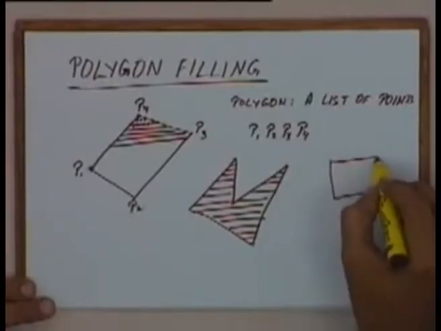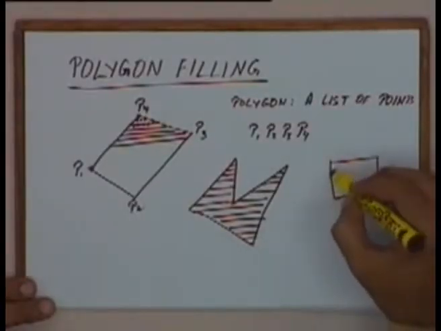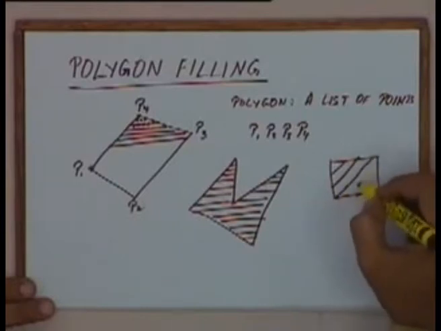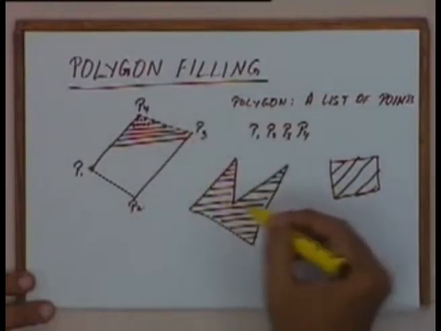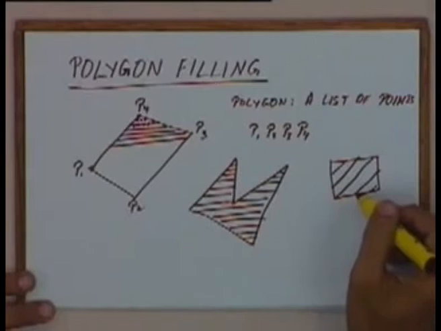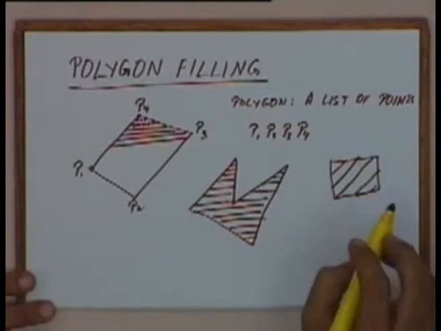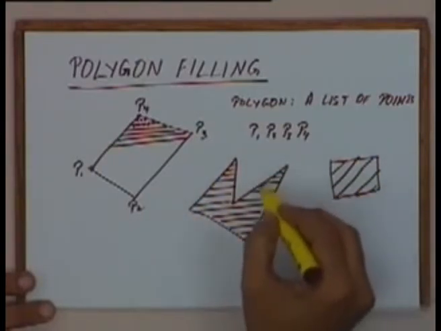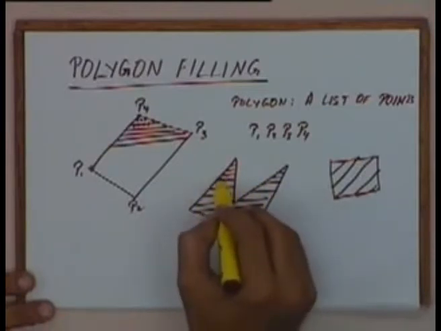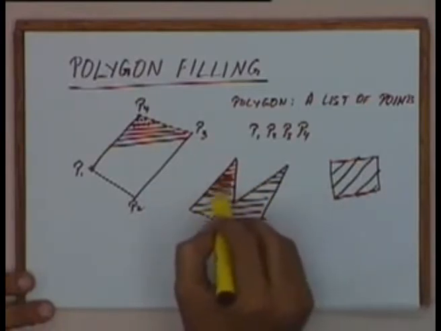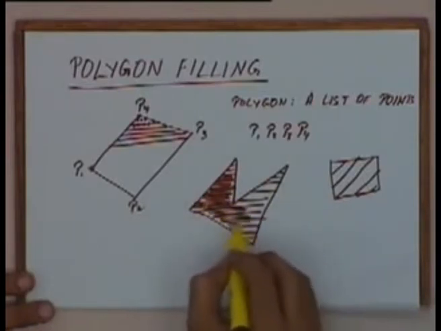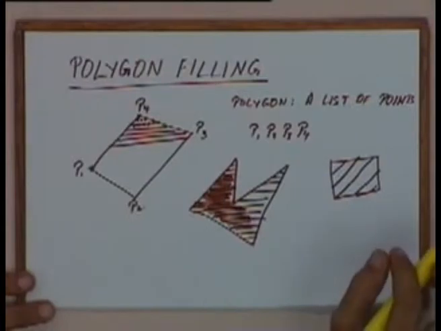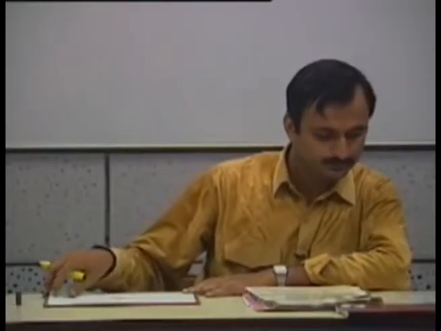If you have, let us say, an area like this and you want to do hatching, we will have to draw lines, let us say at an angle of 45 or some other hatch pattern, inside this closed area. Okay, the same polygon filling algorithms can be modified for this purpose also. We won't go into that for the time being. Initially, we will see algorithms for filling an area, which means highlighting all the pixels and getting a completely filled or shaded view of this polygon. Okay.